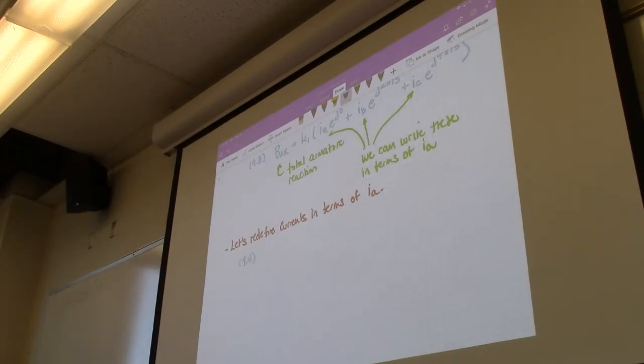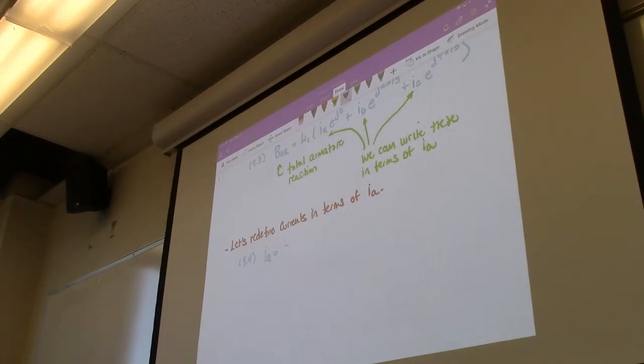We know that IA is equal to its own magnitude, which we'll call IA magnitude. Actually, let me make a quick correction here.